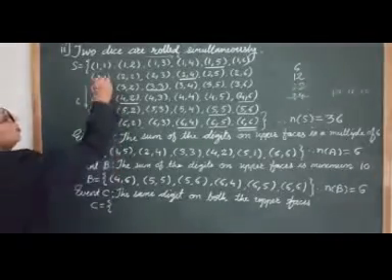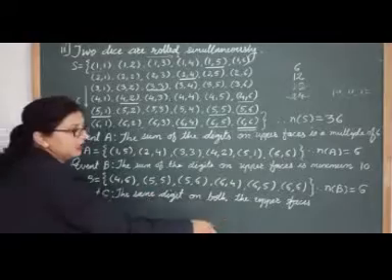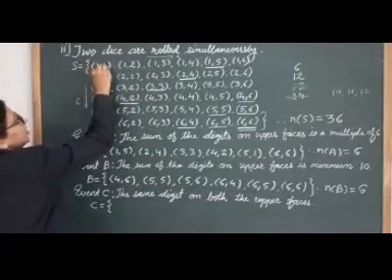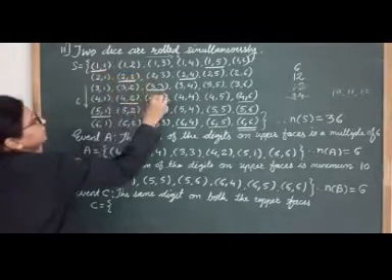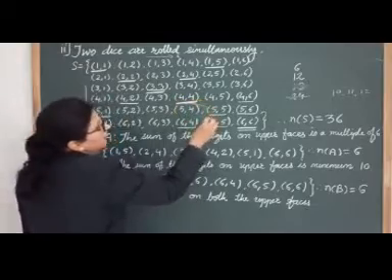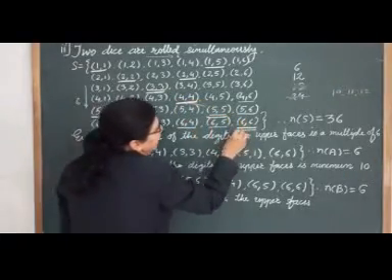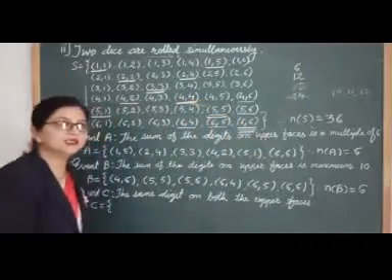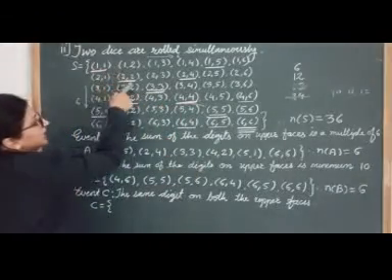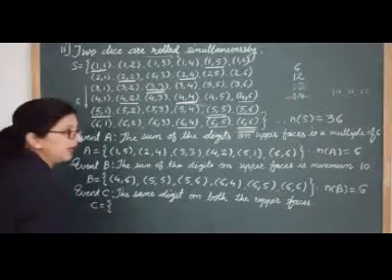Here both dice should have the same number, the same digit. So this 1, 1, 2, 2, 3, 3, then 4, 4, 5, 5 and 6, 6. On both sides, the same numbers are there. So these are the points for event C.